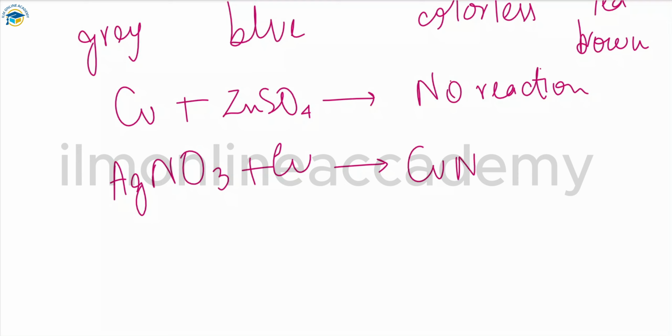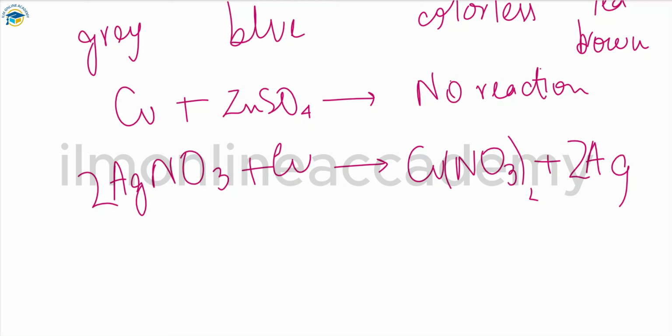Copper can replace the silver in the silver nitrate, plus we have silver here. So 2 will be placed here and 2 should be here, like this. A deposit of silver grows on the surface of the copper.